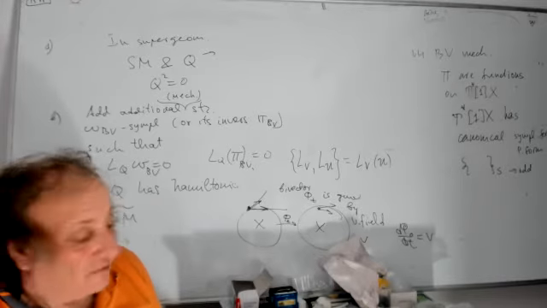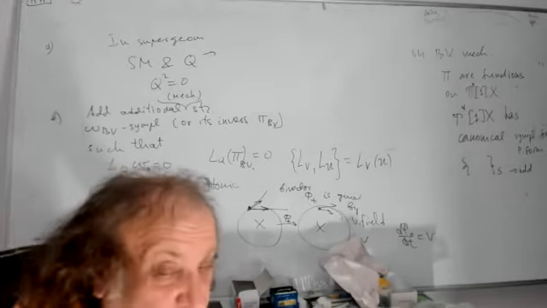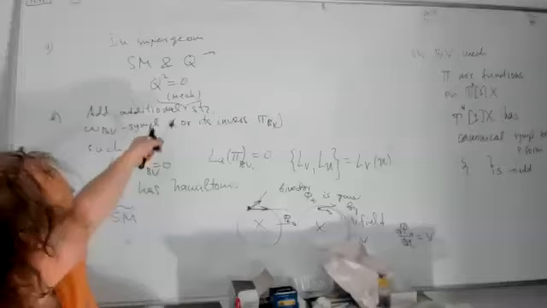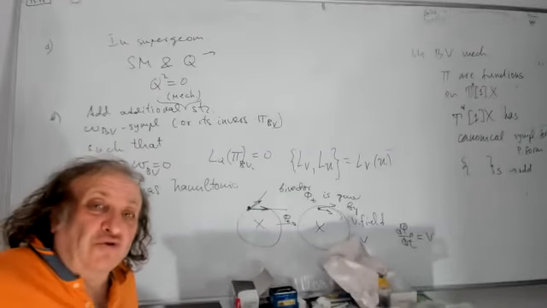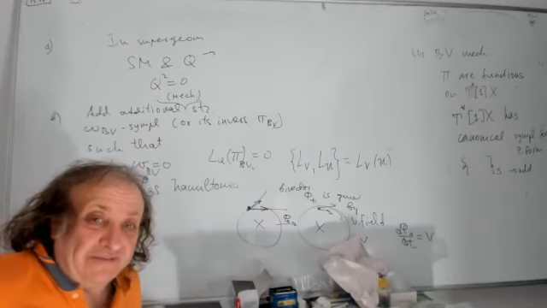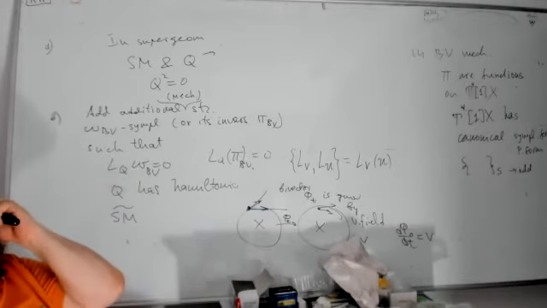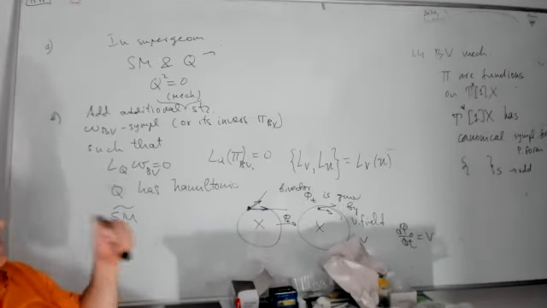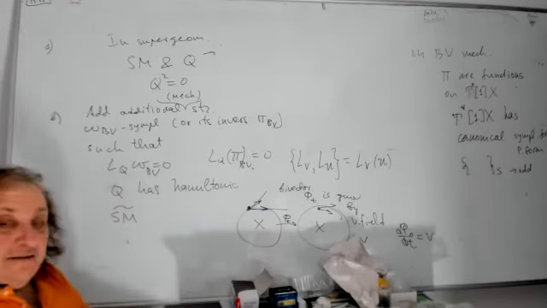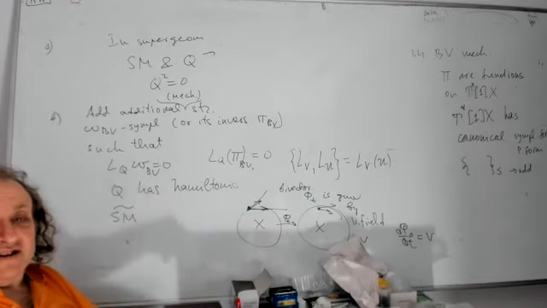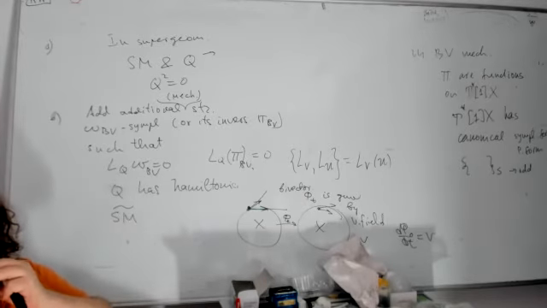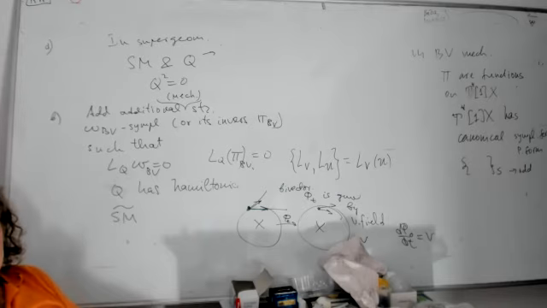And also, I want it to be preserved by the homological vector field Q. Okay, so you may write it down yourself. It's the best way to understand it. Okay, but all this was the classical story, because it was classical mechanics.